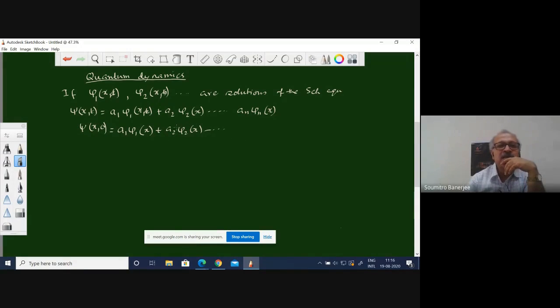These give the a1, a2 in such a way that a1 square plus a2 square plus a3 square, all that, is 1. So now after that, all you need to do is to plug in the phase factor, and that gives the Schrodinger equation's solution. That is what you had to do in the last class.